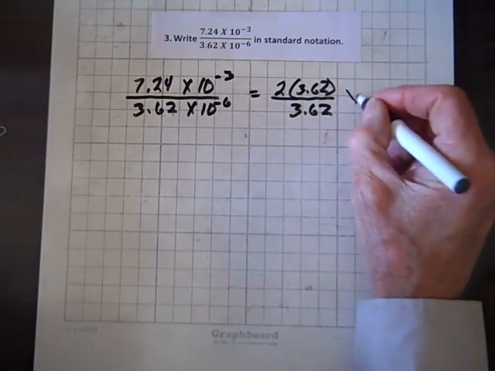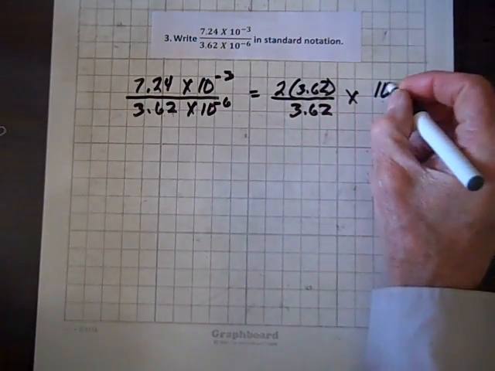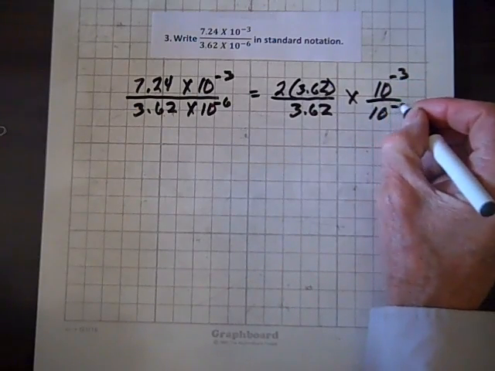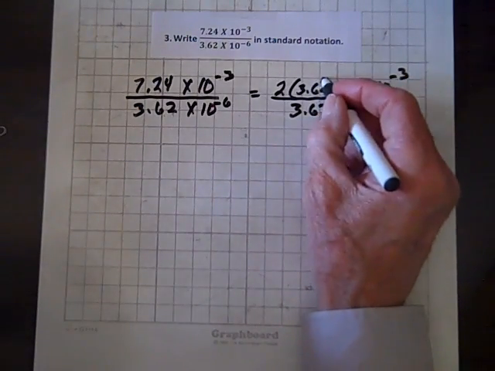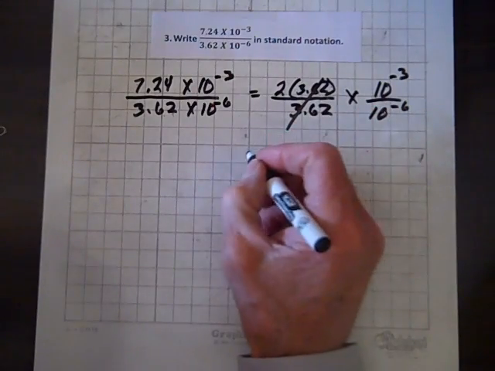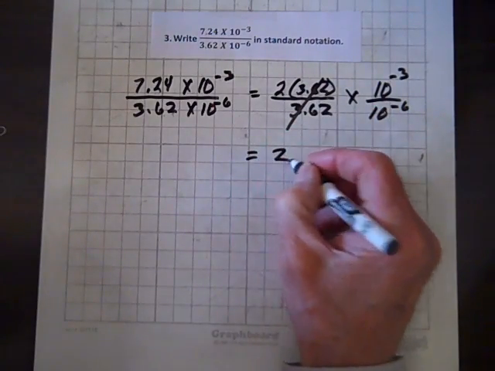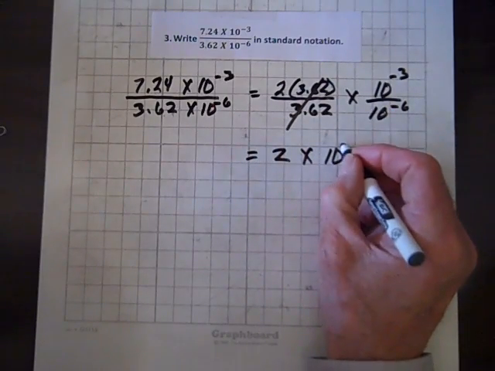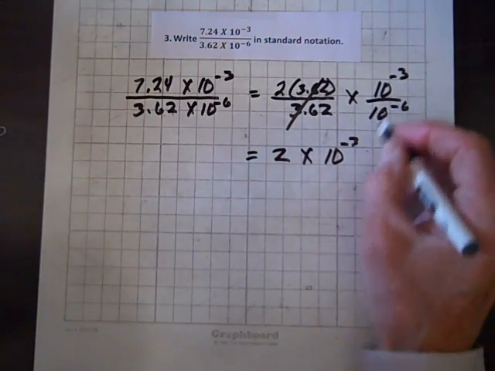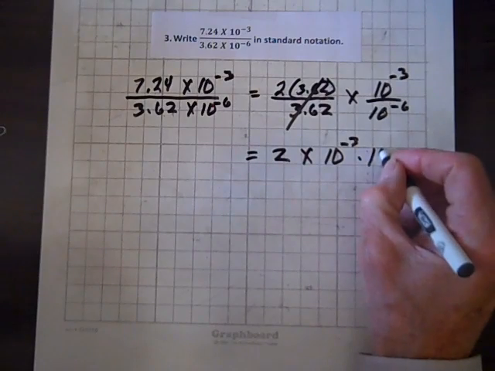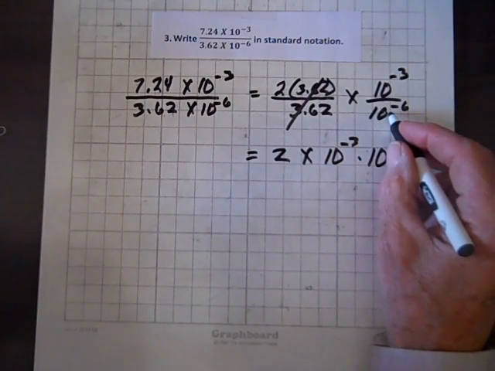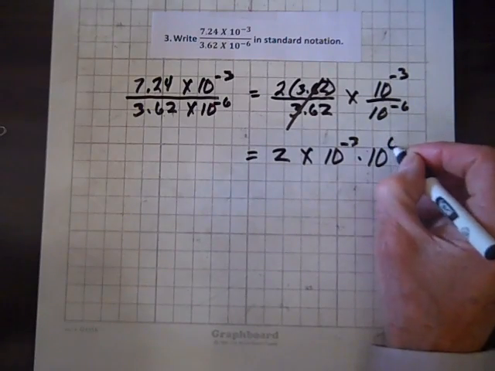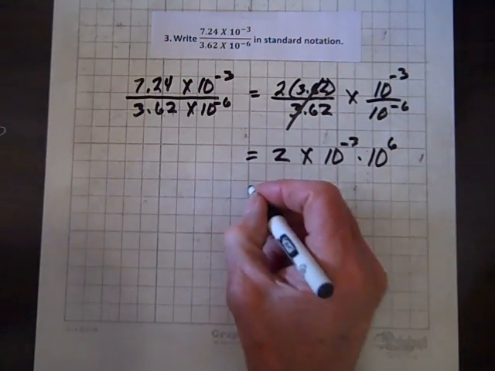3.62 times, and this is 10 to the negative 3 over 10 to the negative 6. Now these 3.62's divide out, and we just have a 2 here, times 10 to the negative 3. By the law of exponents, if I move this base upstairs, then I have to change the sign on the exponent, and I'll have a positive 6 there.